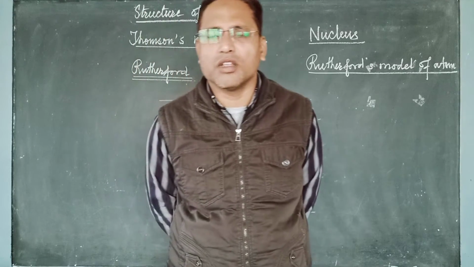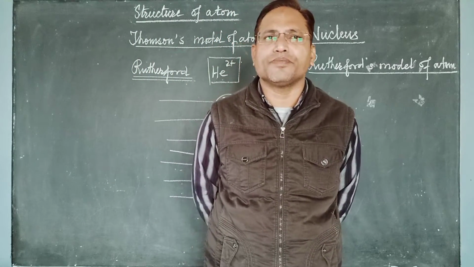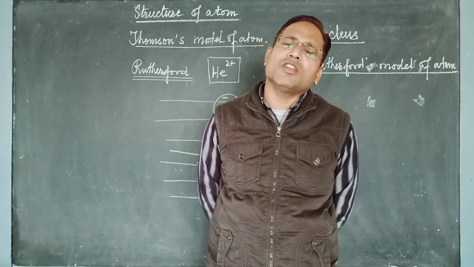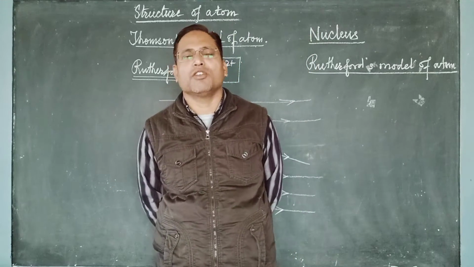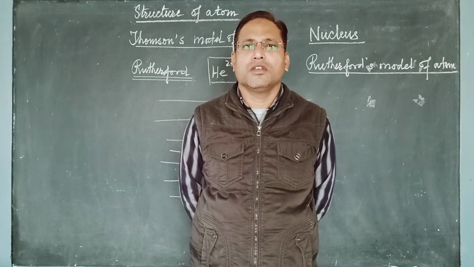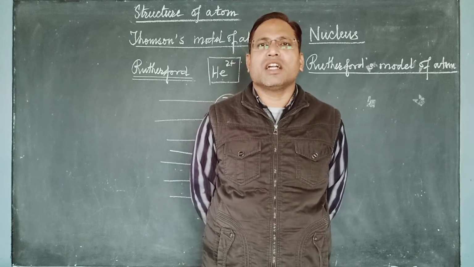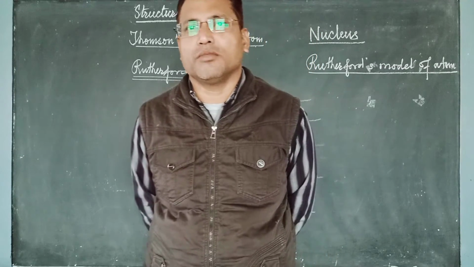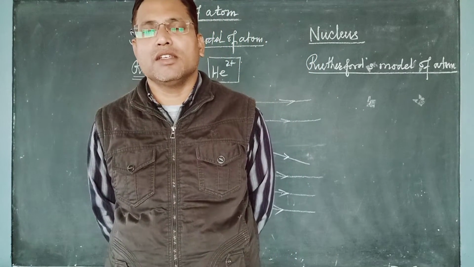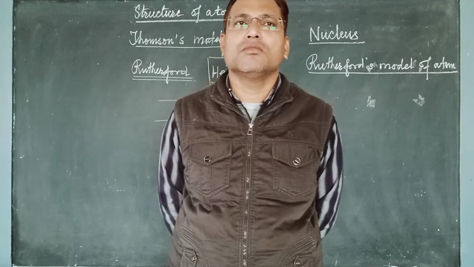Rutherford was unable to explain that. He was unable to answer the questions of the contemporary scientists. So this is considered one of the drawbacks of Rutherford's model of the atom, where he could not explain the stability of the atom.